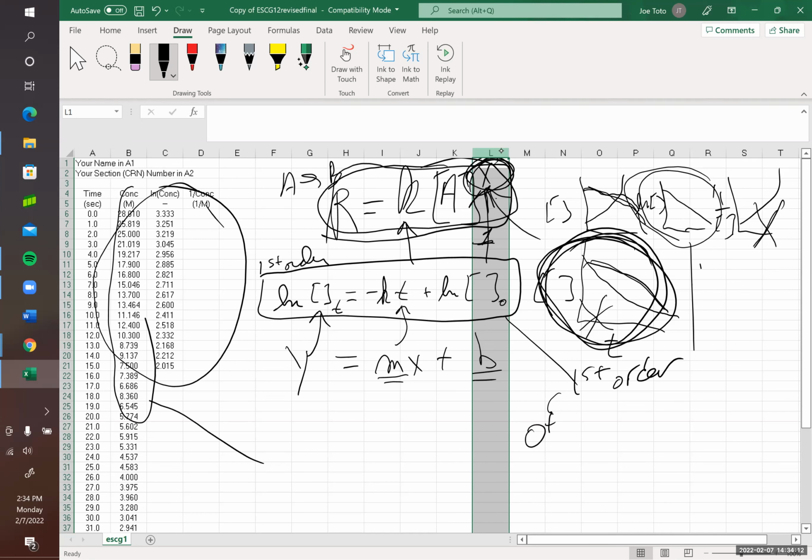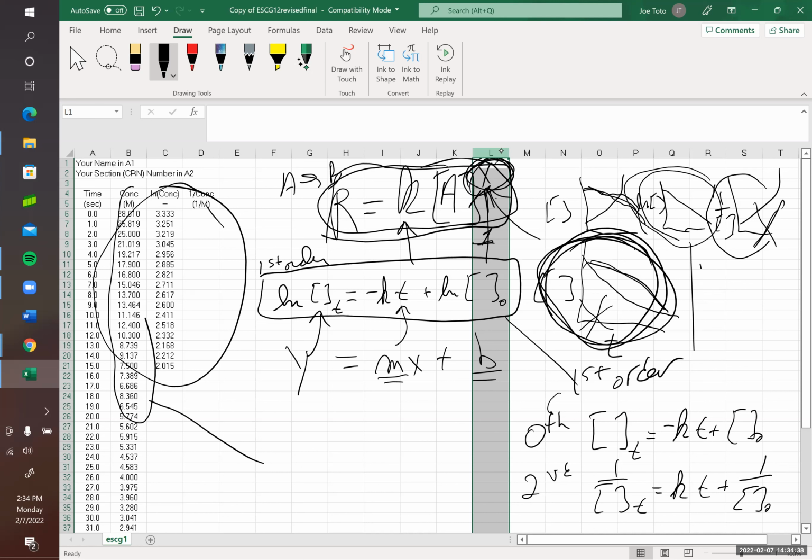Remember, for 0th order, that relationship looked like this. And for second order, it looked like this. So if I had plotted this one over here and it came out linear, then I would conclude that x must be 2 because of association with the second order integrated rate law, but it didn't.